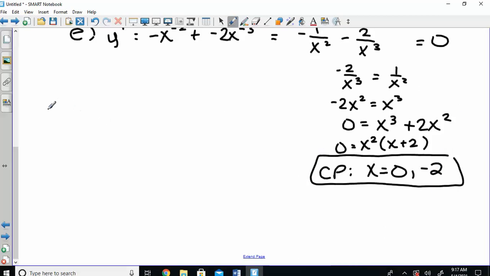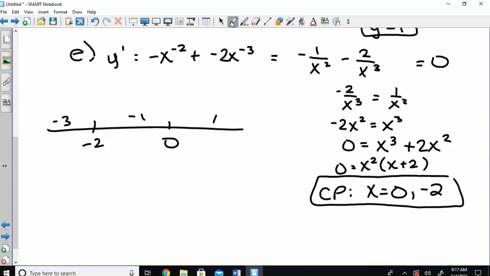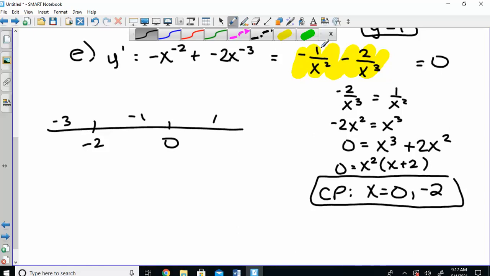To find increasing and decreasing, you do your sign line. If I plug these into the derivative, make sure you're using your actual derivative. If I plug in 1, I will get negative 1/3 minus 2/9, so this would be a negative.